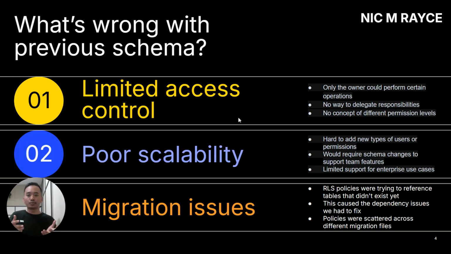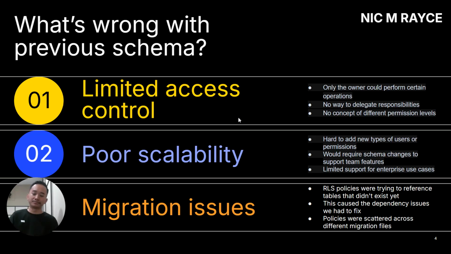So it's very, very important that this access control delegation is in the schema in order to better support different user access roles and different permission levels. Now, this was missing from the Cursor migrations, okay?